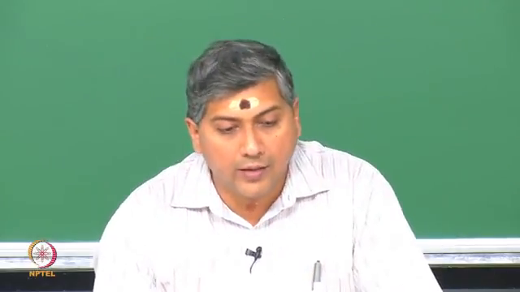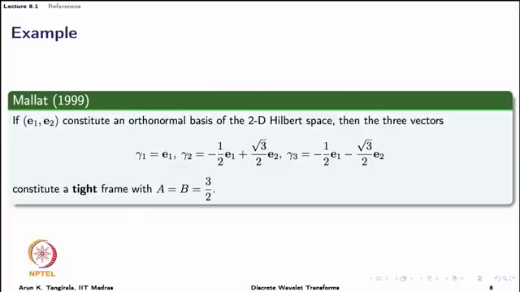So let us look at a quick example here, which I borrowed from Mallat's book. Suppose I am looking at the 2-dimensional Hilbert space, that is 2-dimensional real space where the inner products are defined, could be real or complex. And we know that these vectors E1 and E2, what are these E1 and E2? They are the orthonormal vectors (1, 0) and (0, 1). We know that they constitute an orthonormal basis.